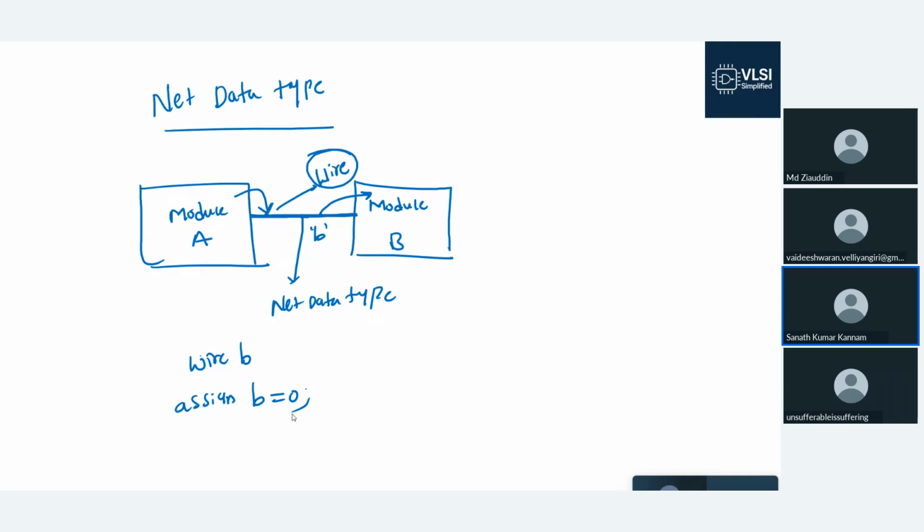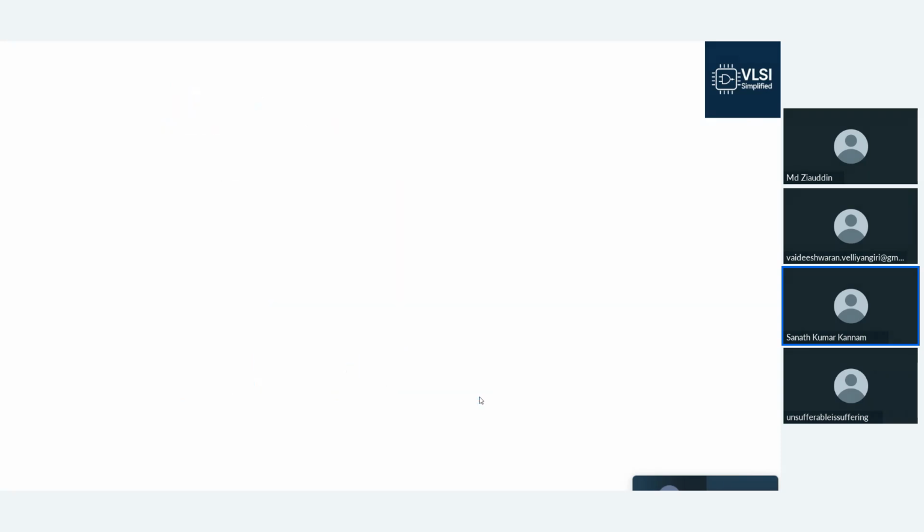That means this 0 is not stored in b. It is just driving the value into b. The value will not be stored in b. So that is the net data type.